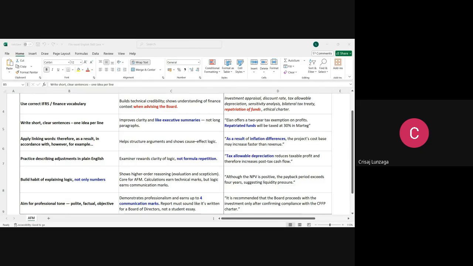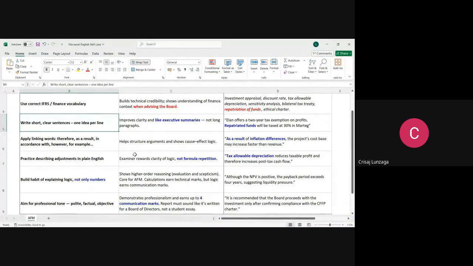And the last skill is for you to aim for a professional tone: polite, factual, and objective. In this part, you are demonstrating professionalism and you can earn up to 4 communication marks. The report must sound like it's written for a board of directors and not like a student essay.